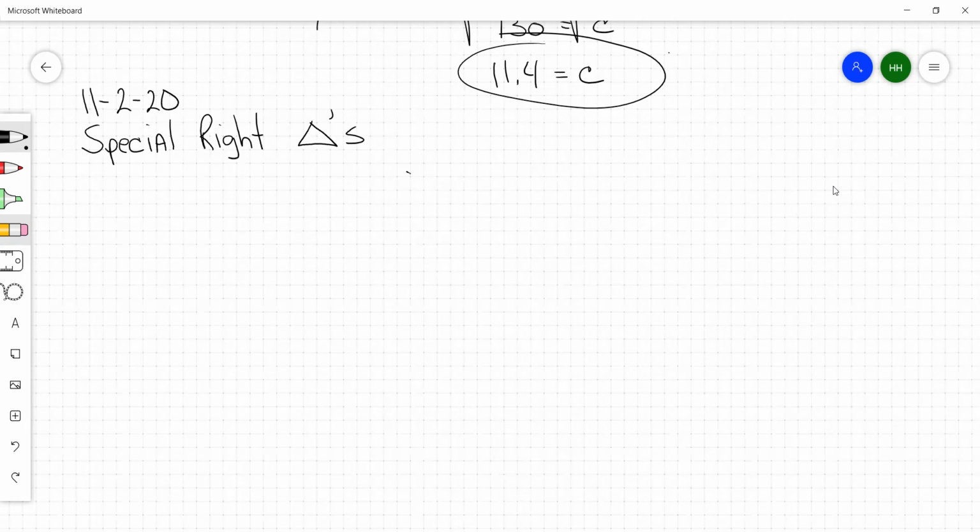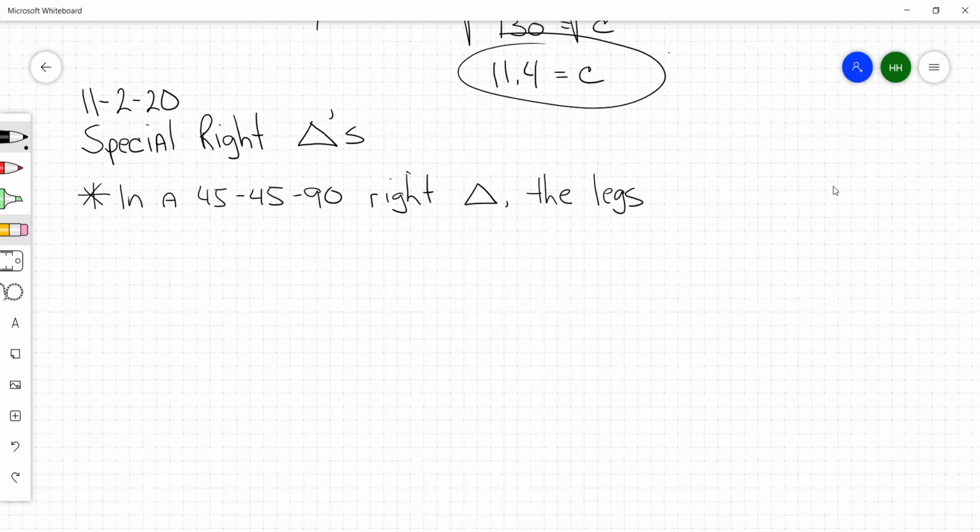So, the first type of special right triangle is a 45, 45, 90. So here we go. In a 45, 45, 90 right triangle, the legs are congruent.